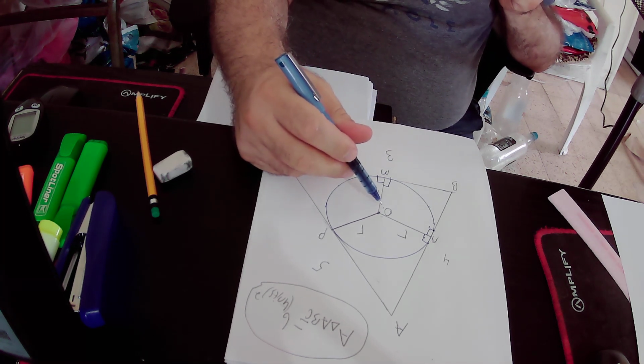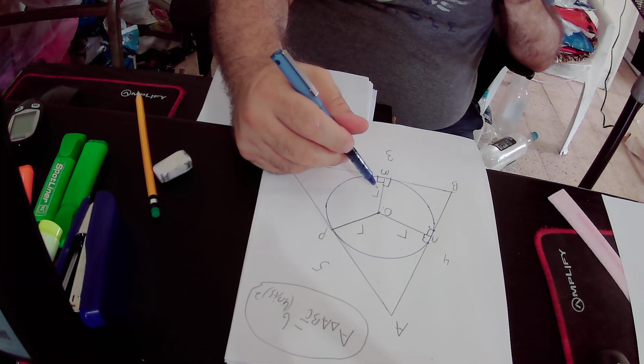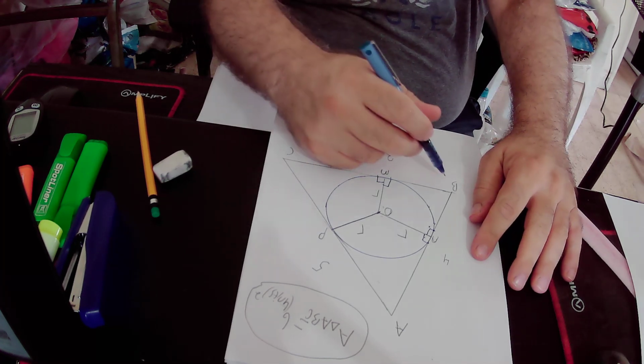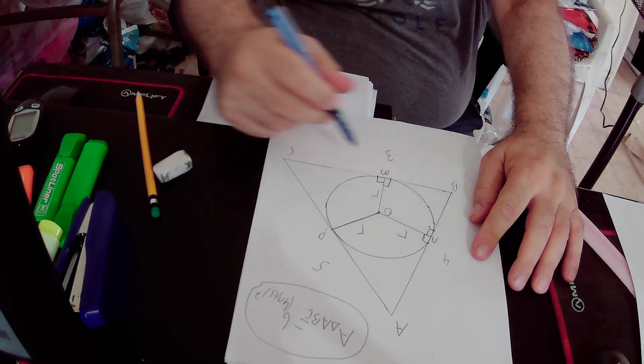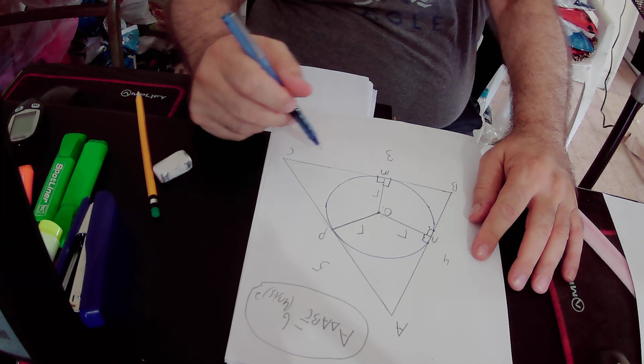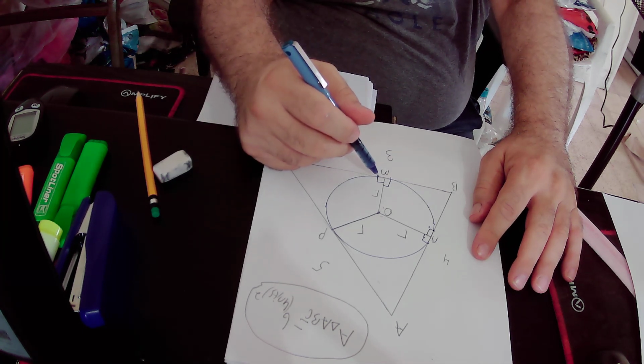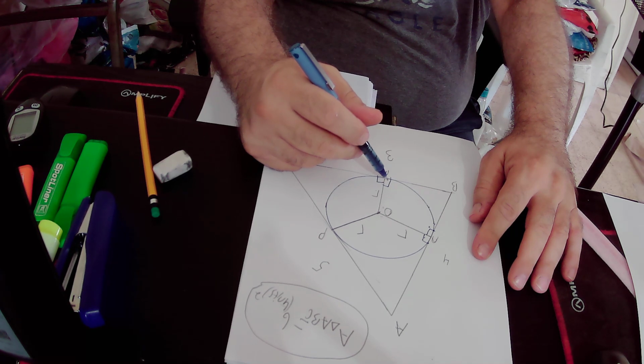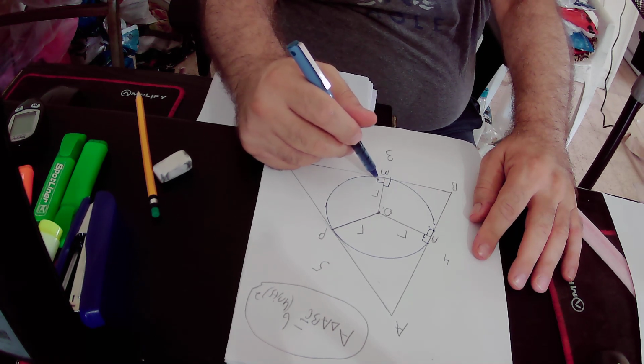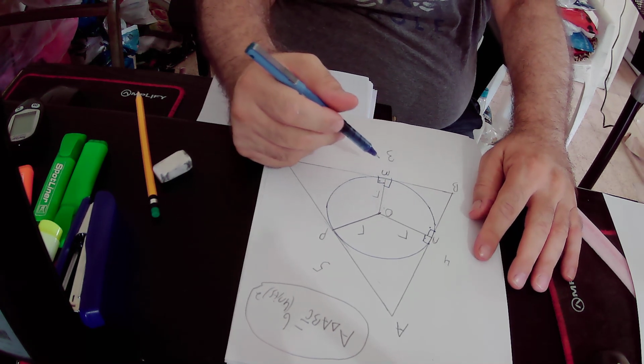We have line segment OM that is the radius, and we have the tangent to that radius that is side BC of the triangle. For that reason, the radius is perpendicular to its tangent. That is to say, this angle is 90 degrees and this angle is also 90 degrees.